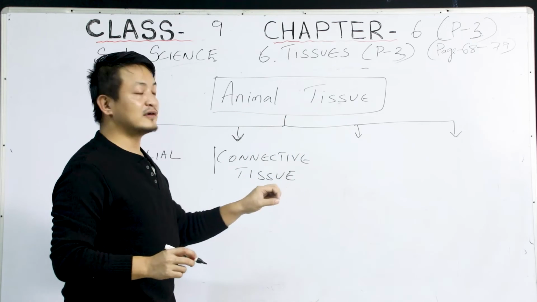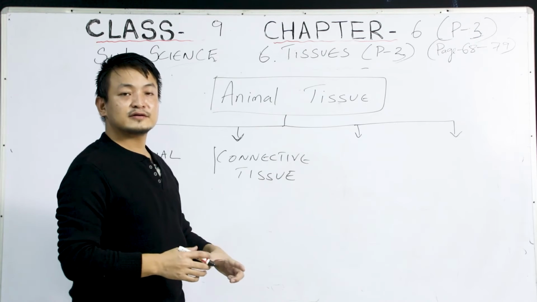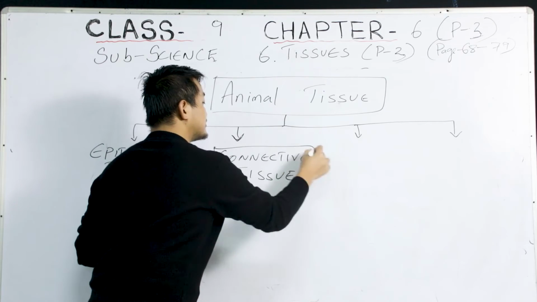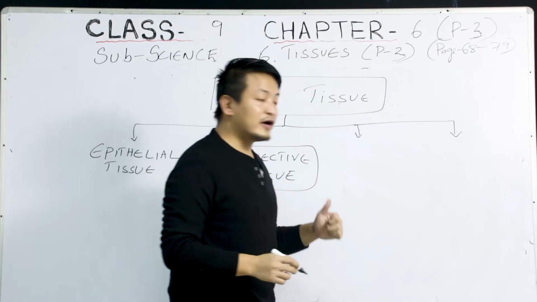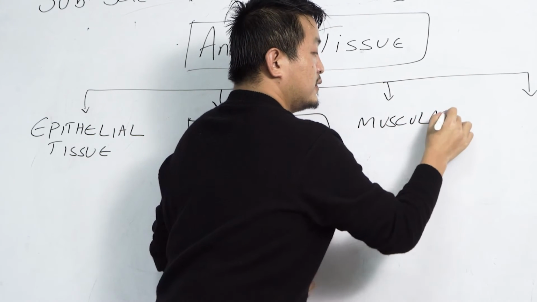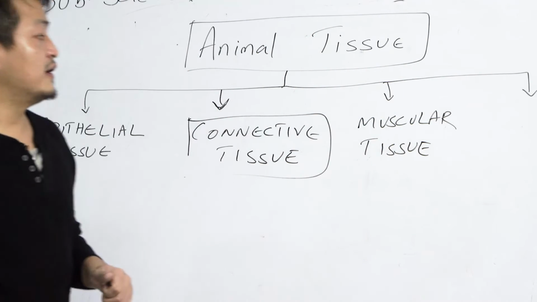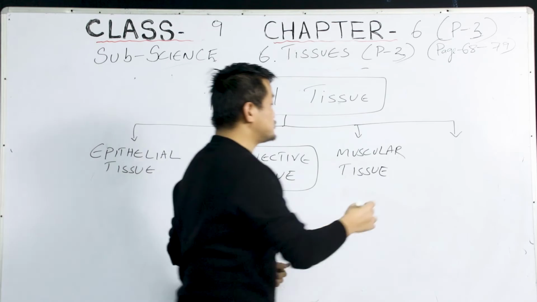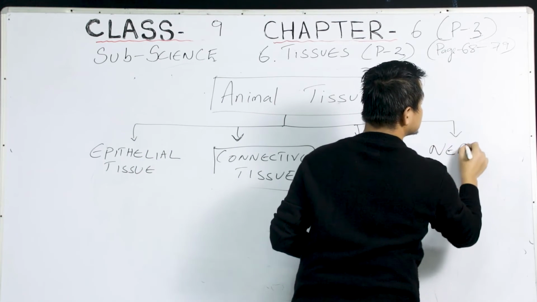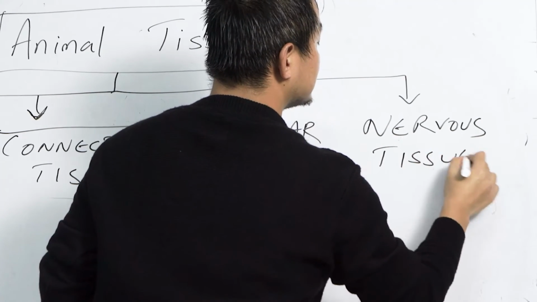All our body parts are connected, clear? So it refers to that. Now the third one would be muscular tissue. Clear? And the last one will be nervous tissue.